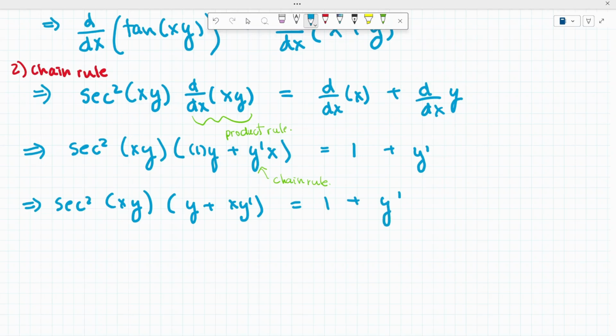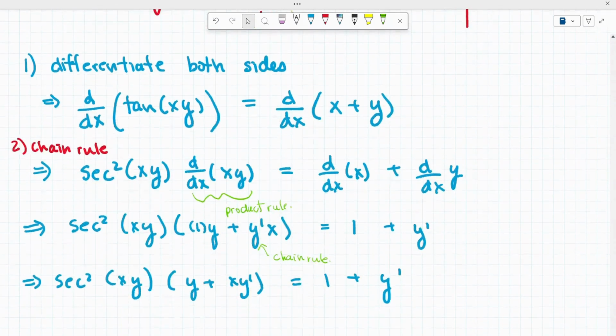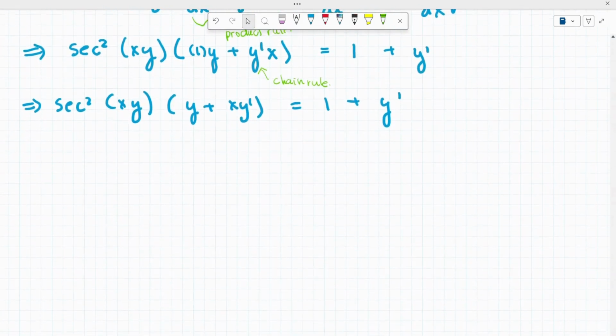Okay, so this problem is specifically asking us for the derivative of y when x equals 0. And we know from this problem that when x equals 0, y equals 0, because we said that this function defines y as a function of x near (0, 0).